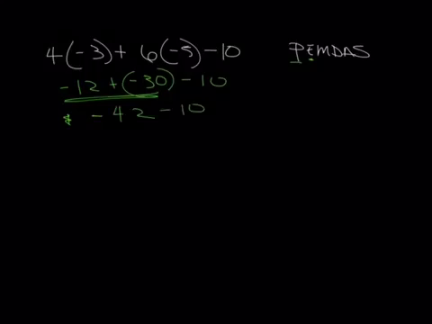Then we're going to change this to just putting a plus there and a parenthesis. And we have -42 plus -10. The largest number is -42, and it's negative, so we put a negative on the answer. Since the signs are the same, we add them. And we're done with that one. All right, so let's keep plugging away at these.